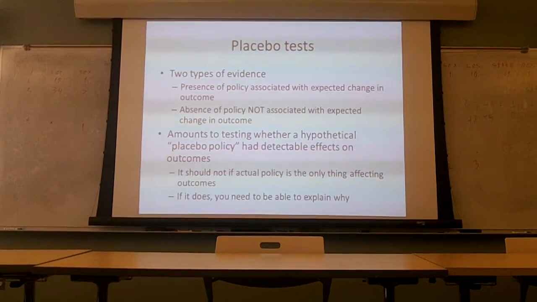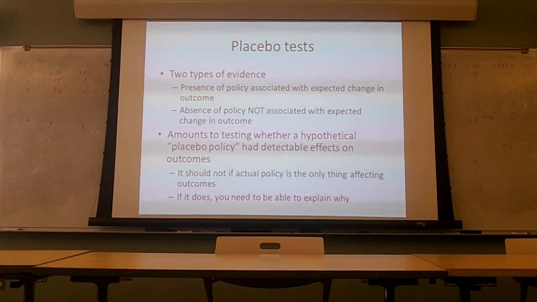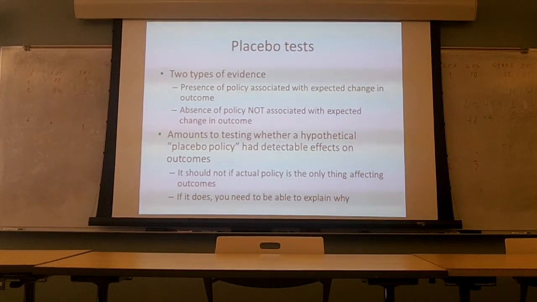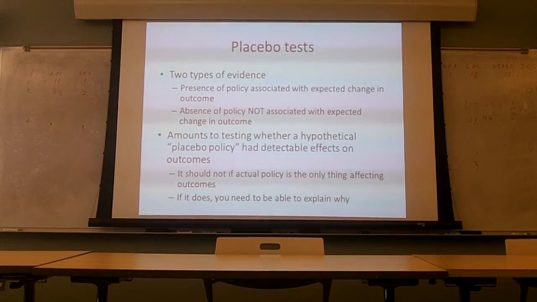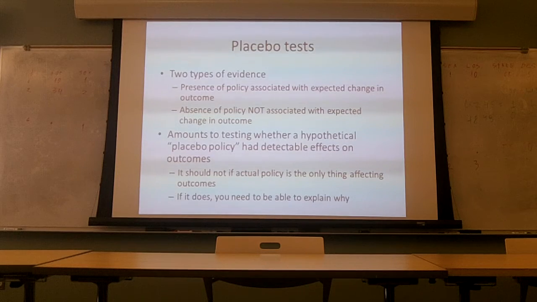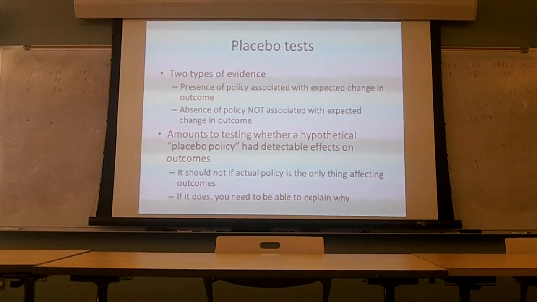And so the idea basically here in the context of differences is to say, okay, we have a true policy, we can test whether or not there is a response, but then we can impose what's called the placebo test. We could assume that there was a policy at a time when we know there wasn't.